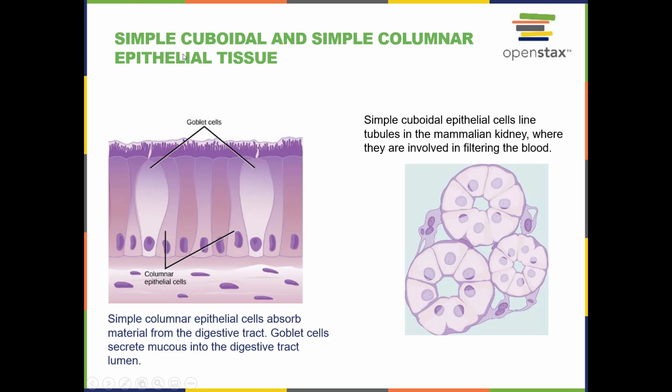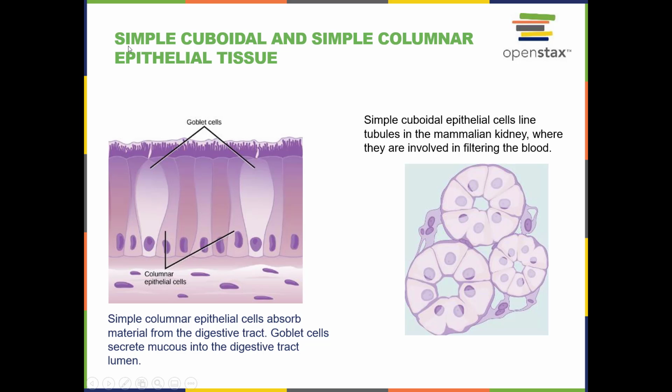But then you have other shapes of epithelial tissue, cuboidal and columnar. Cuboidal are, just like they sound, kind of cube-shaped. Columnar are more elongated, like a column. In architecture, a column would be long and kind of semi-cylindrical, or could be a little more on the square shape, but it's elongated.